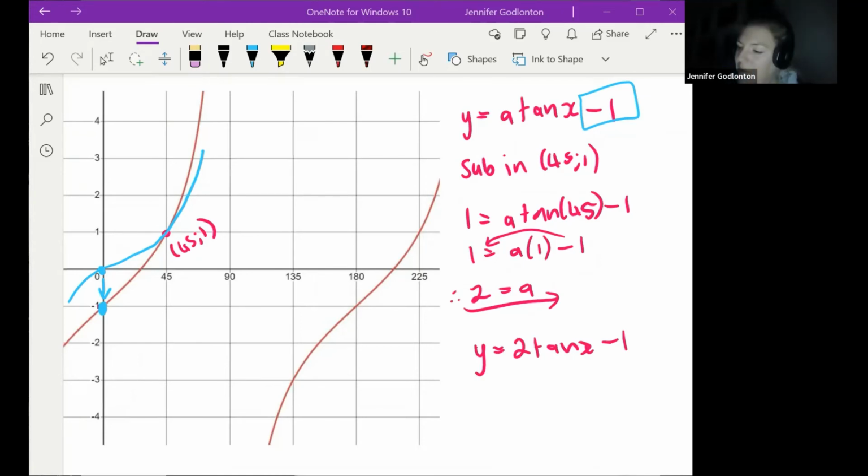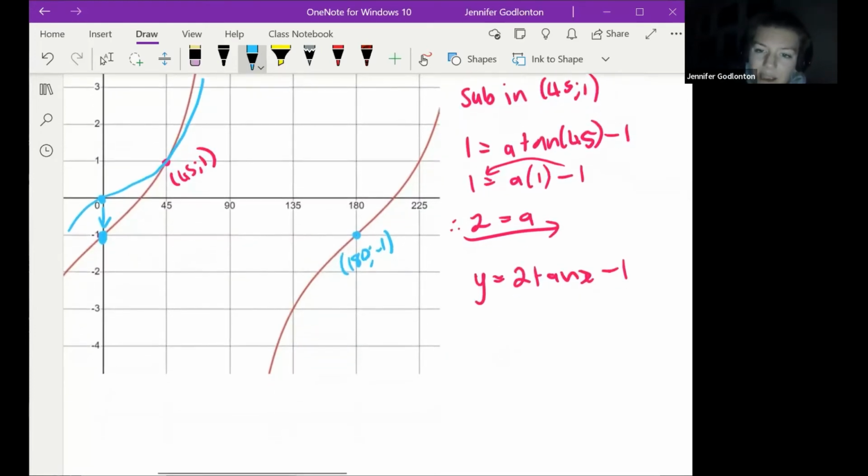So the problem with the 180, I'm going to show you what happens. If you type tan 180 into your calculator, you're going to get the answer of 0. So if we had used the coordinate of 180 and -1, I land up saying -1 is equal to a tan 180 minus 1, and tan 180 is going to give me 0.